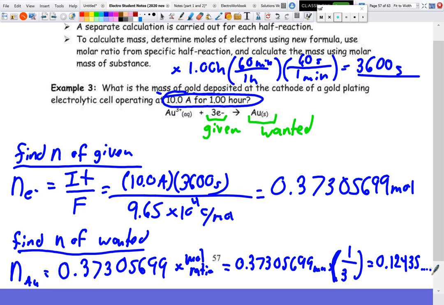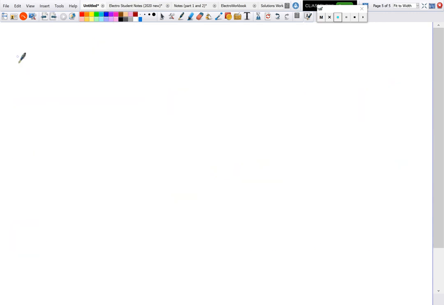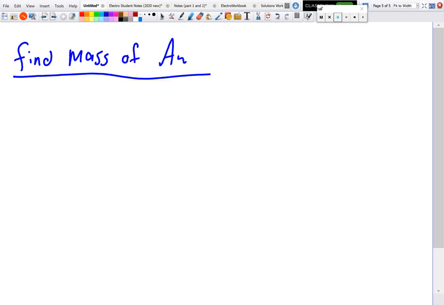So, step 1, done. Step 2, done. Step 3, now it's the last one, find the mass. So we solve the question. Because I ran out of room here, I'm going to go over to this one right here and finally solve. Find the mass of gold. And how do we find mass? Well, mass is just equal to the number of moles times our molar mass.